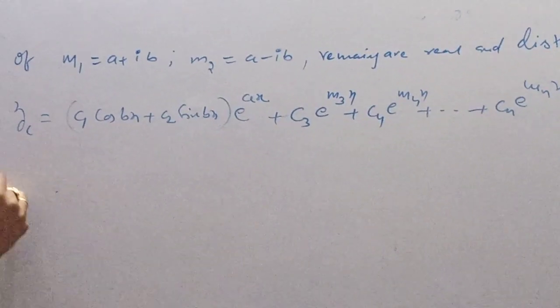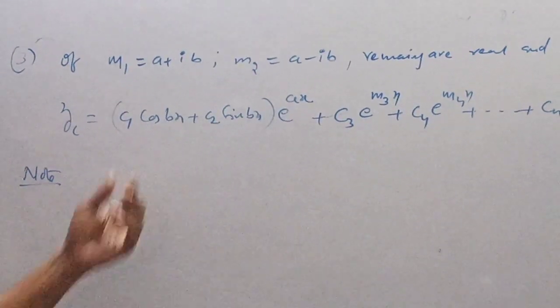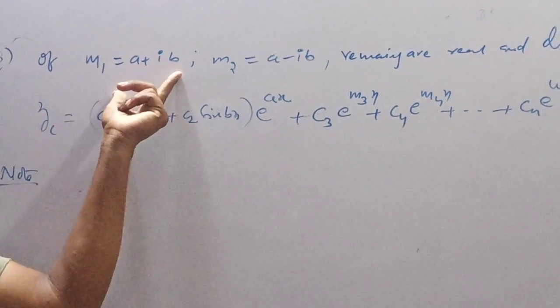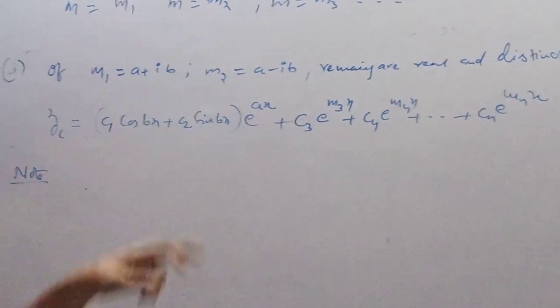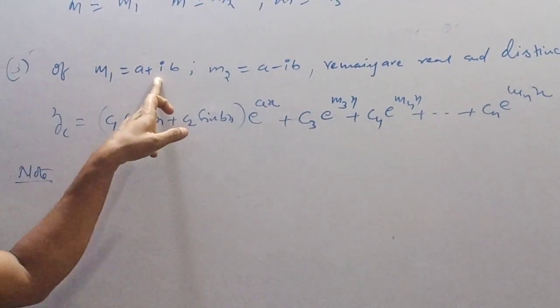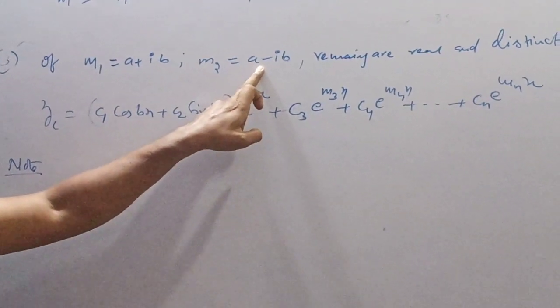Just take one note. If the roots are repeated conjugate complex numbers, repeated means a plus ib again a plus ib, a minus ib again a minus ib.